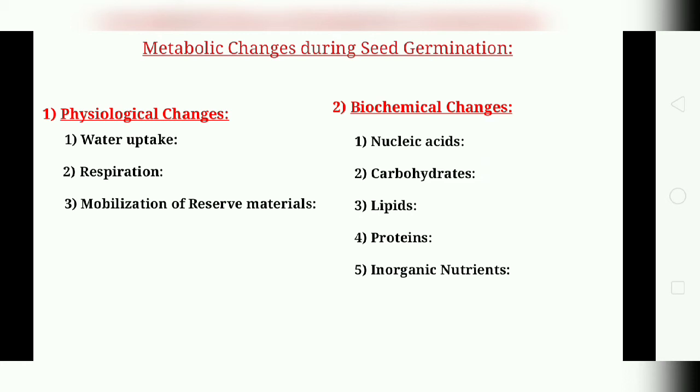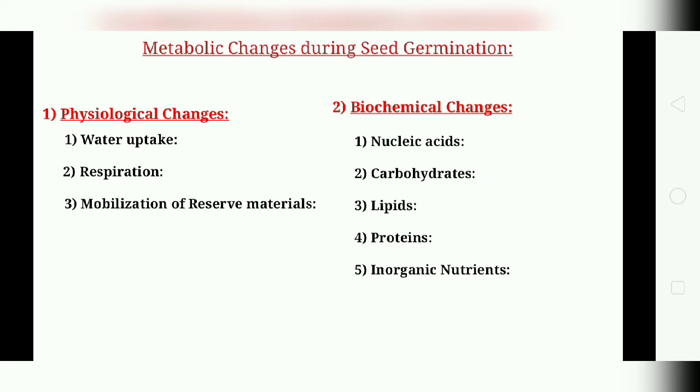During germination, starch is hydrolyzed first into maltose in the presence of alpha amylase and beta amylase, and then maltose is converted into glucose by maltase. This glucose is further converted into soluble sucrose and transported to the growing embryonic axis.